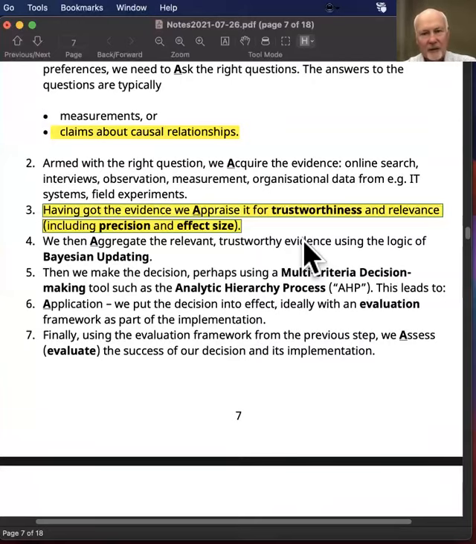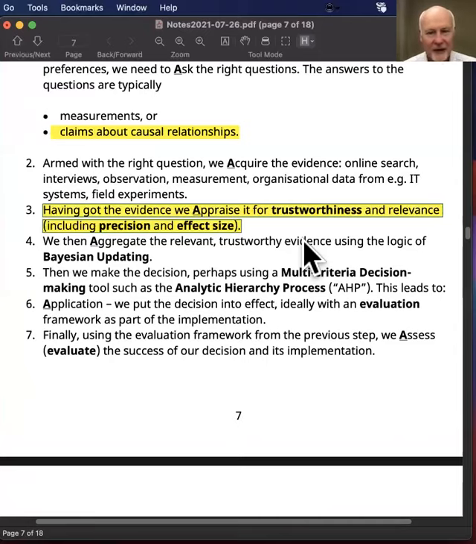But the problem is that you'll get some journal articles that are the results of really carefully designed, beautiful experiments, and they've got a high level of trustworthiness, and the subjects are the sorts of people that might be working in your organization, so they're very relevant to a decision you might want to make about refurbishing your offices. But you'll get other journal articles where the quality is pretty poor.